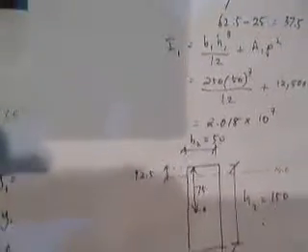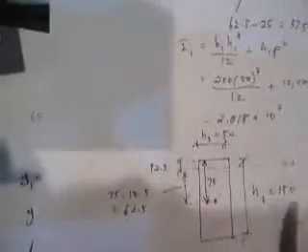So the distance between this centroid and the neutral axis will be 75 minus 12.5, which is 62.5.